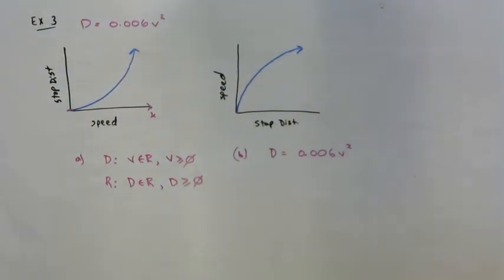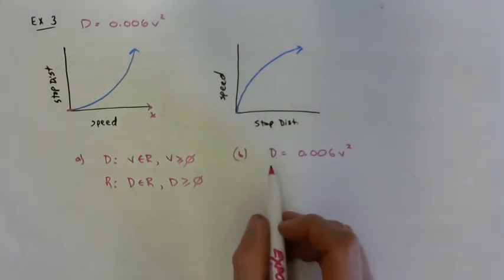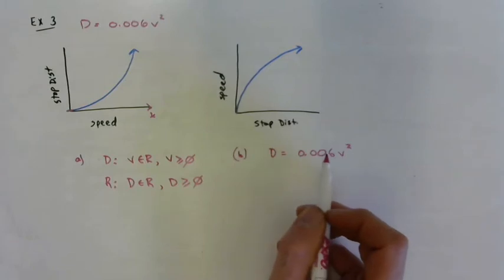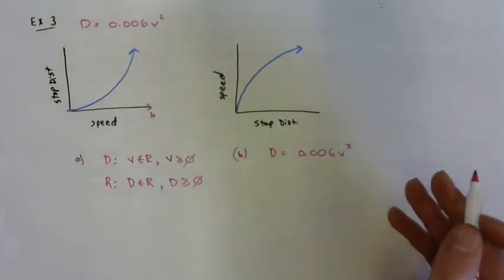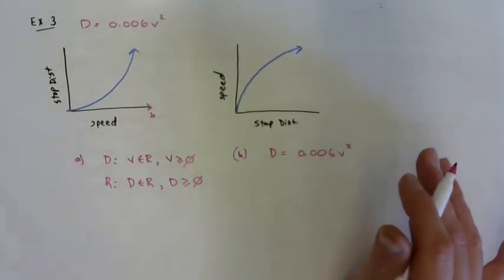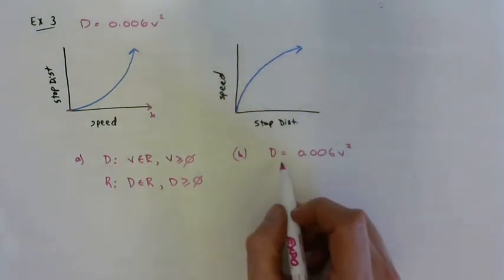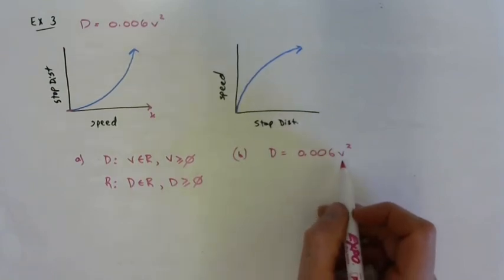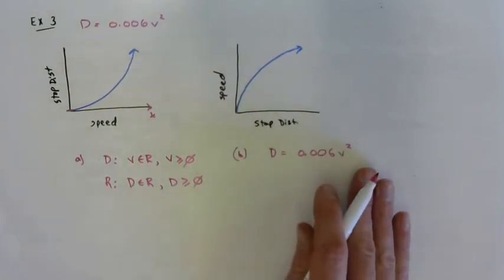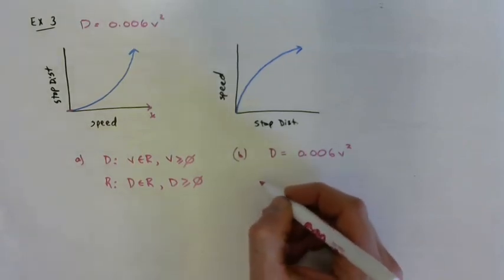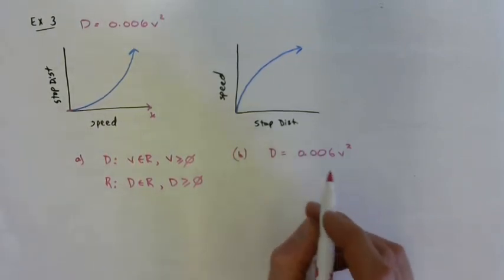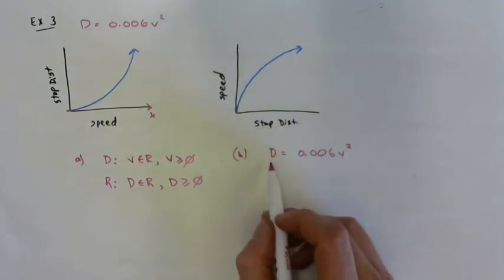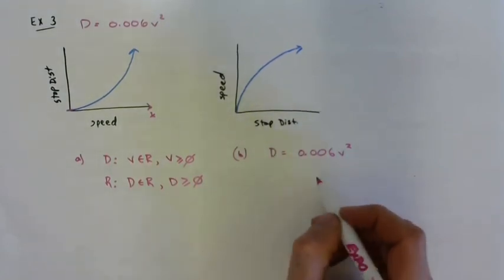In this case, the relationship between D and V can't change. When we did it before, we swapped X and Y, which means the relationship between them changed. This time, the relationship between them can't change. So what you need to do is simply isolate V as is. We're not going to swap their places. This time we're just going to isolate V in terms of D, whereas right now we have D in terms of V.